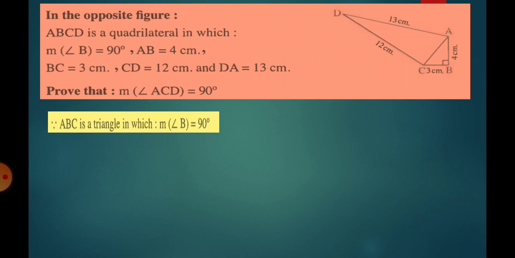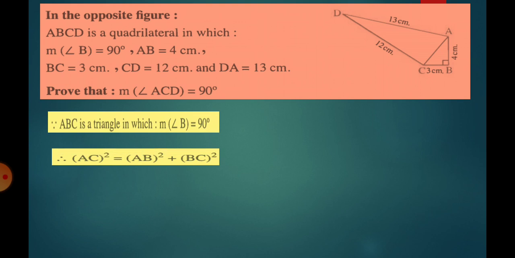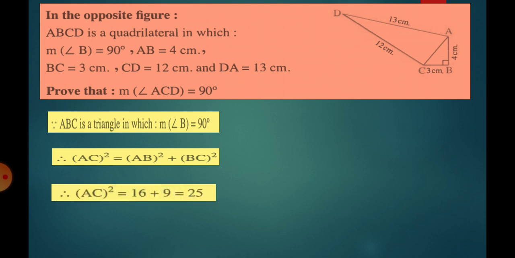Then the length of AC power 2 equals AB power 2 plus BC to the power 2. AB equals 4 centimeters. BC equals 3 centimeters. So we can write AC to the power 2 equals 4 power 2 plus 3 power 2 equals 25.